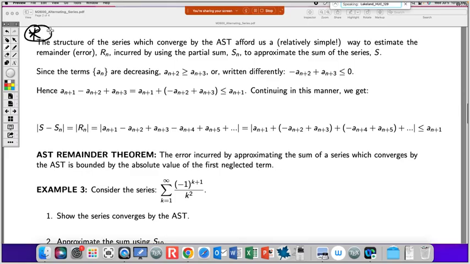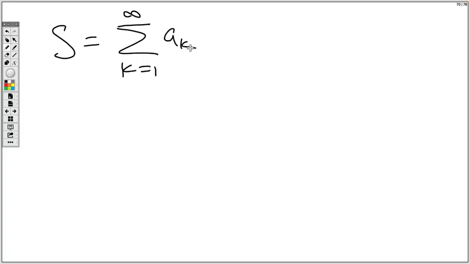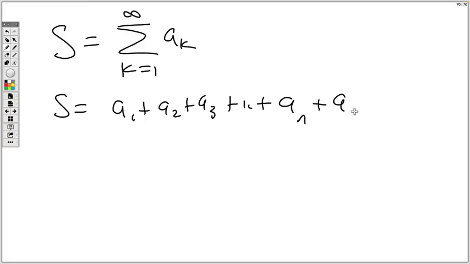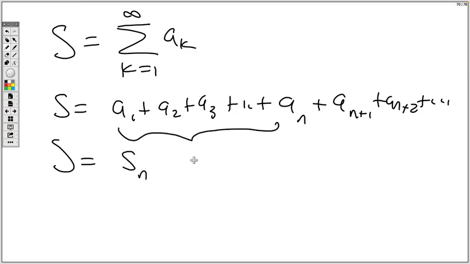So let's remember what remainders are. I think of a series as being an infinite sum. Let's say we add up to a sub n and then we move on forever. The sum of the first n terms is what we've been calling the nth partial sum.